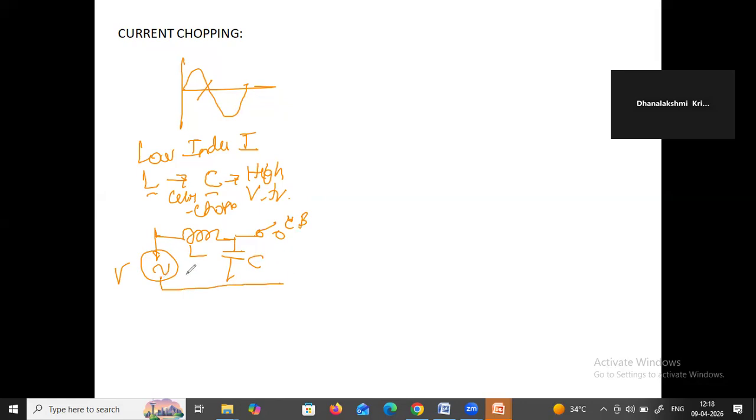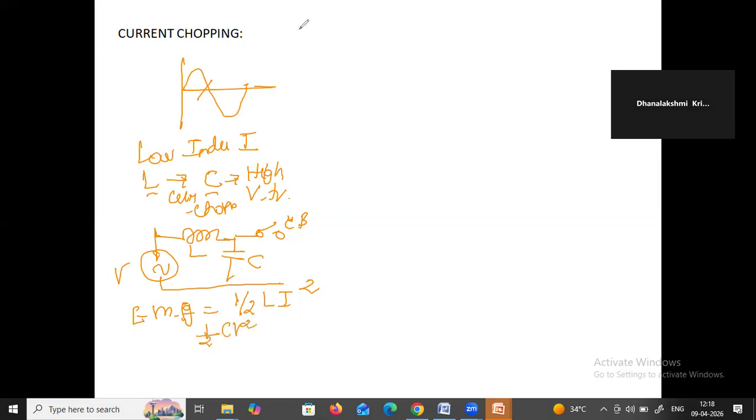The energy stored in the magnetic field is equal to half L I square. If it is the instantaneous value of current which is interrupted, this half L I square appears in the form of half C V square.